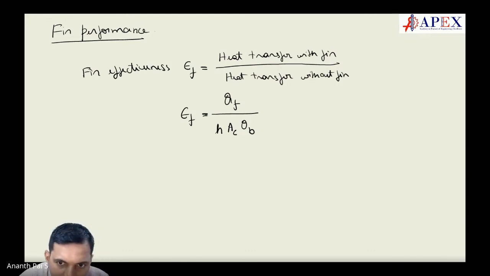Heat transfer without fin is h Ac theta b. Heat transfer is Q of the fin. Makes sense? Q dot, I have put Q dot everywhere. Hope you get the point. Very, very important, students.